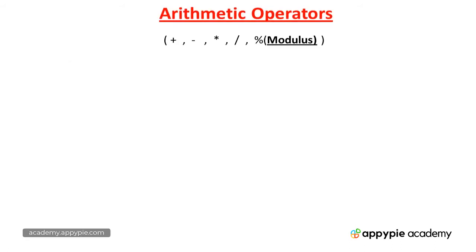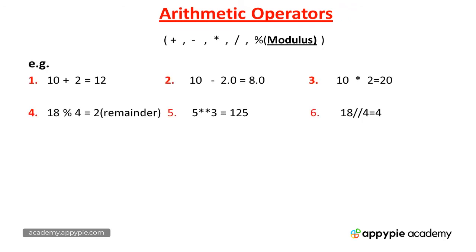But first, let me show you how arithmetic operators are used. It's very simple. You are already familiar with this. 10 plus 2 is equal to 12. 10 minus 2.0. Here 10 and 2.0 are the operands, and the minus symbol is the operator, an arithmetic operator of course. 10 into 2 is 20.